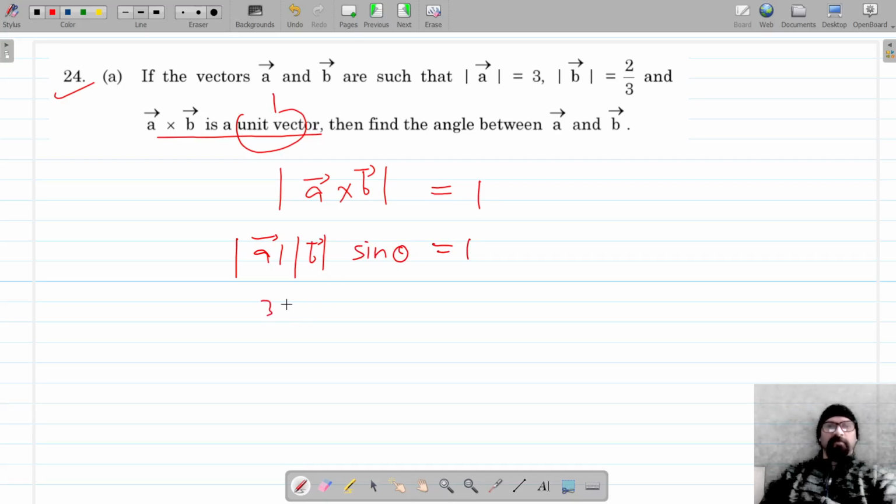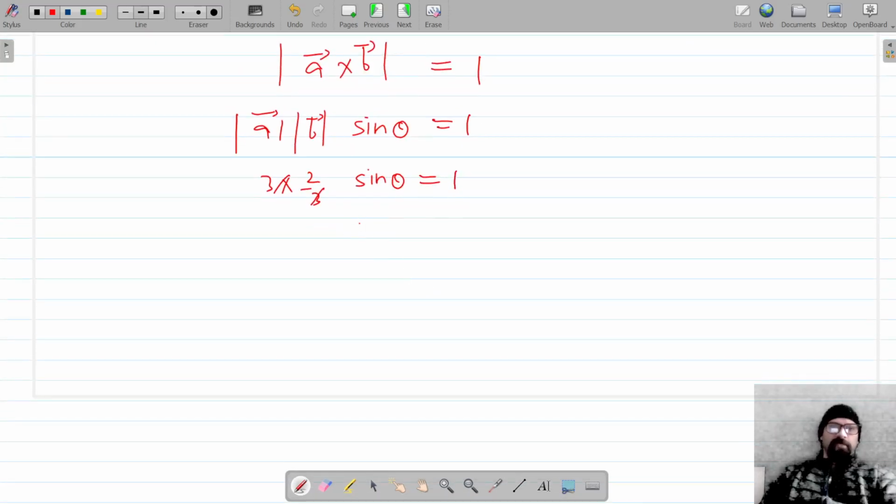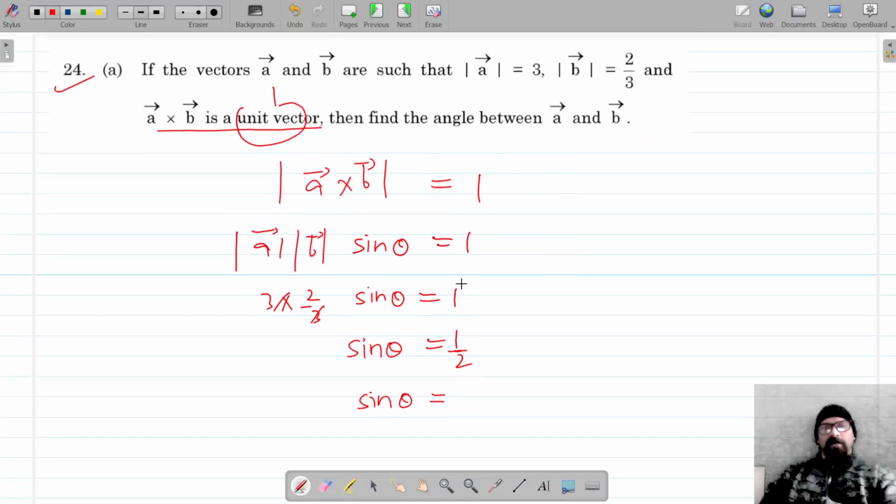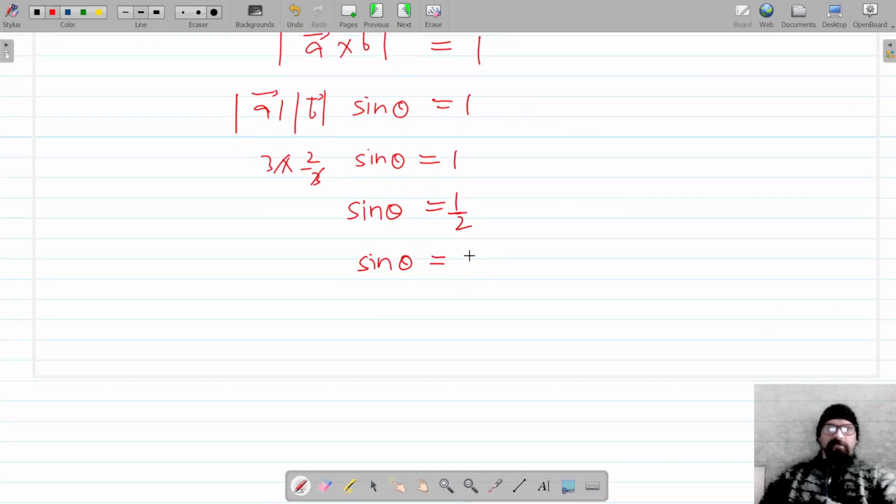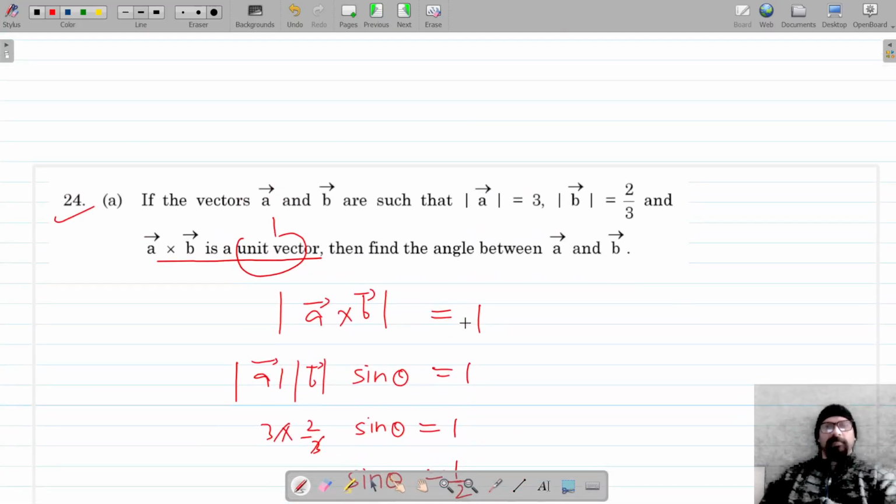So magnitude of A is 3, B is 2 by 3, and this is sine theta is equal to 1. So that gives me sine theta is equal to half. And we know that the angle for which the value of sine is half is sine 30, which is pi by 6. So theta is equal to pi by 6.